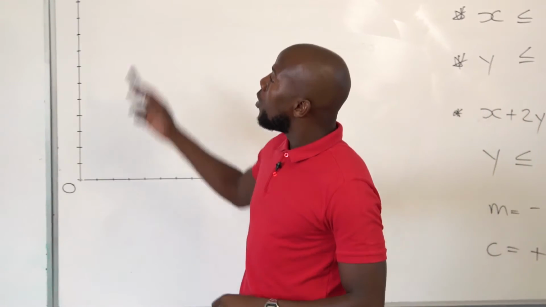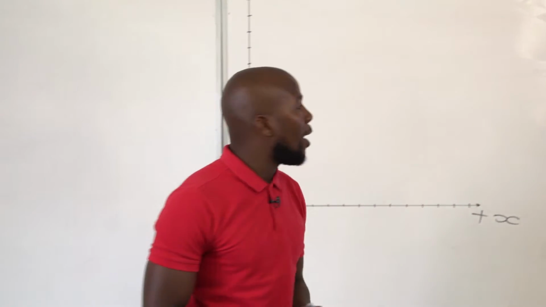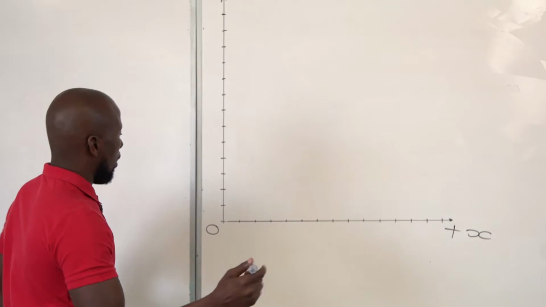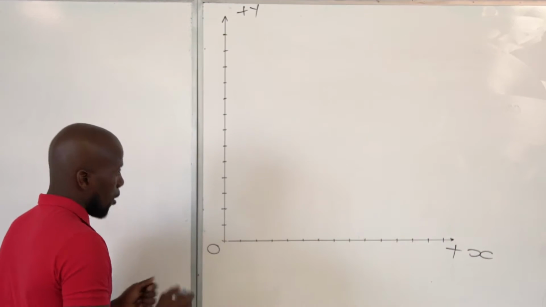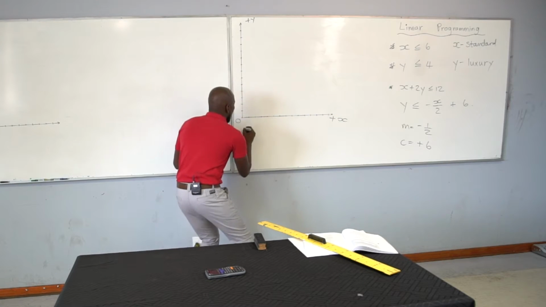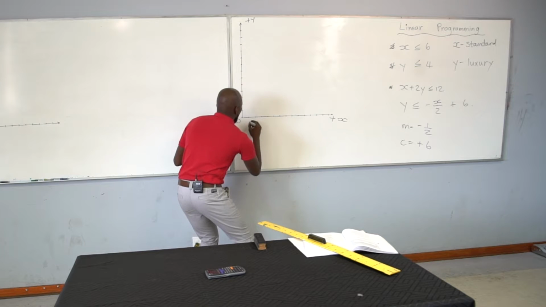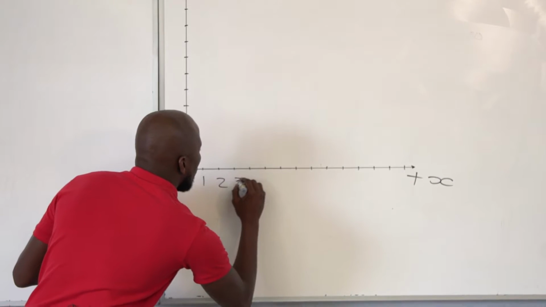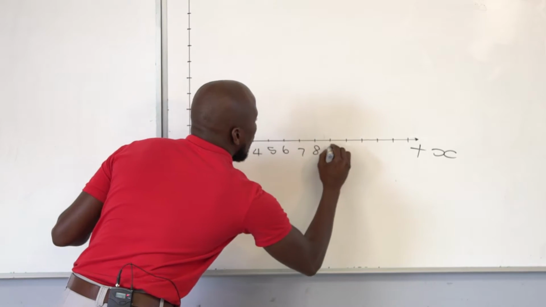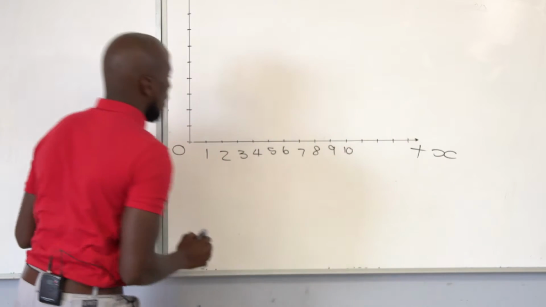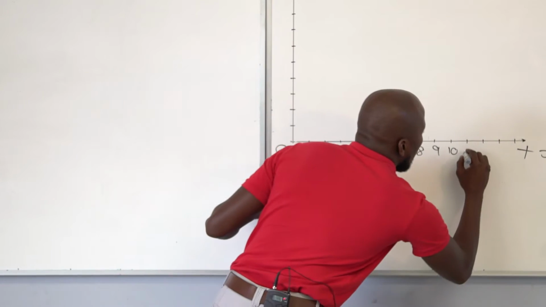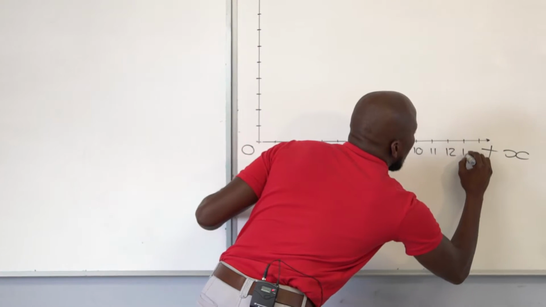Once you've sketched your Cartesian plane, make sure that each portion is equidistant, then you can start labeling it. In this particular case, our values start at 0, and then we'll draw them all the way. 1, 2, 3, 4, 6, 7, 8, 9, 10. I'll just label them up until 10. Okay, in fact, let's go more. 11 and 12 and 13.